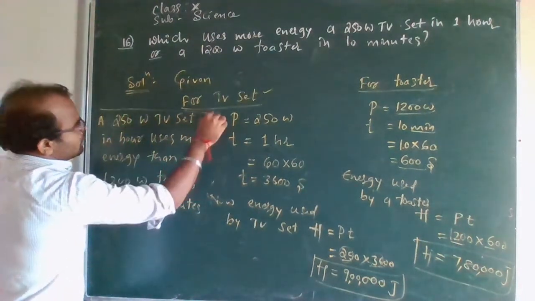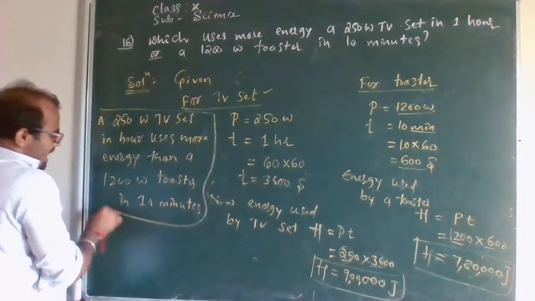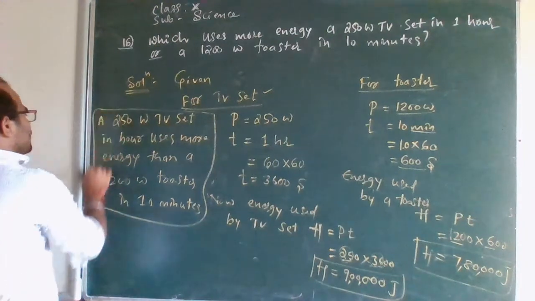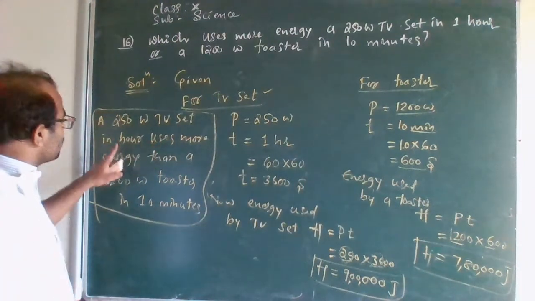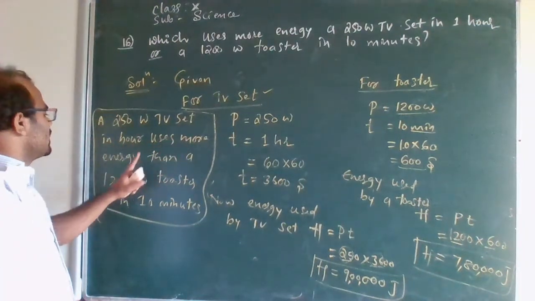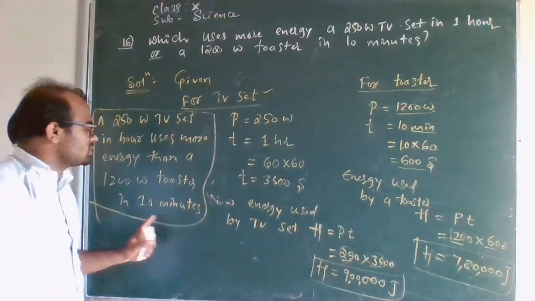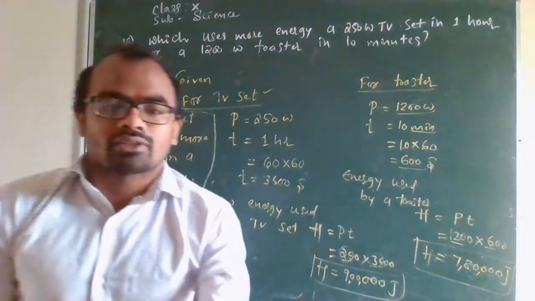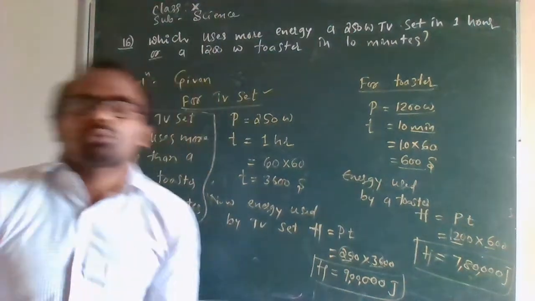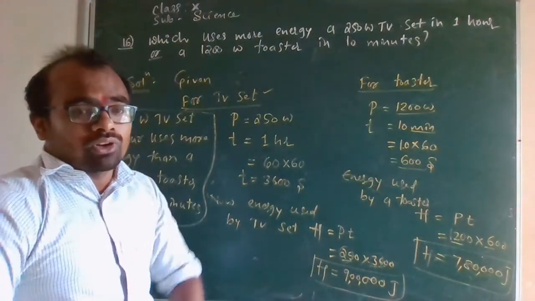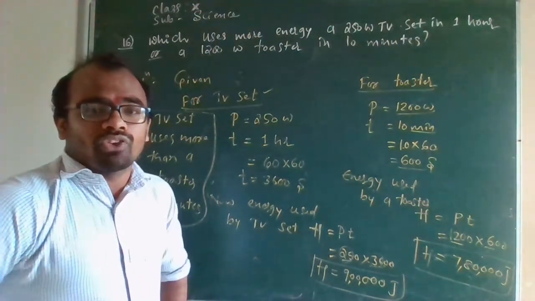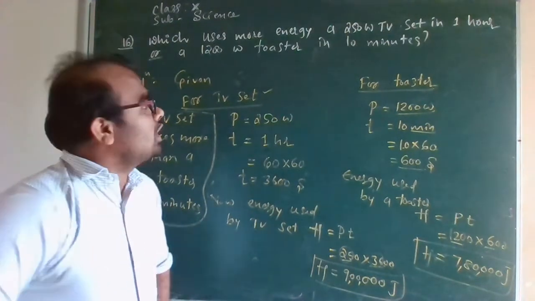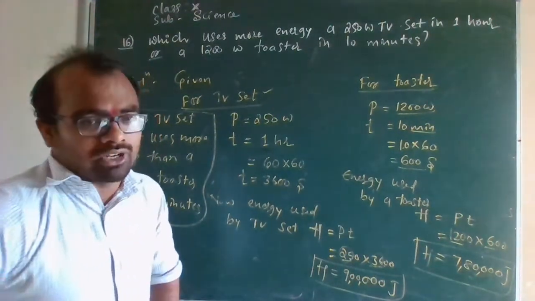You have to write this as the last sentence. Okay, let me explain this quickly. Which uses more energy, a 250 watt TV set in 1 hour or a 1200 watt toaster in 10 minutes?